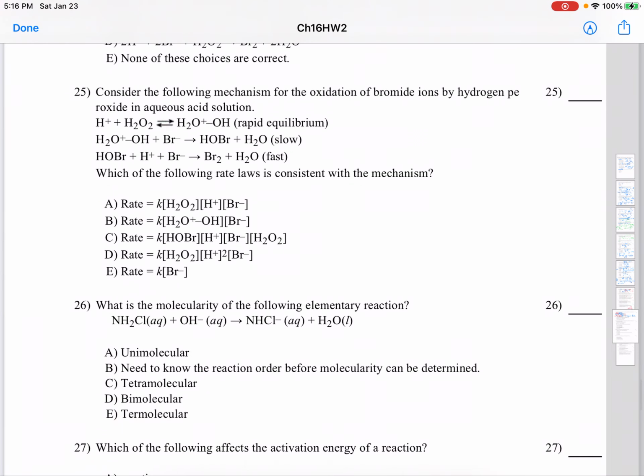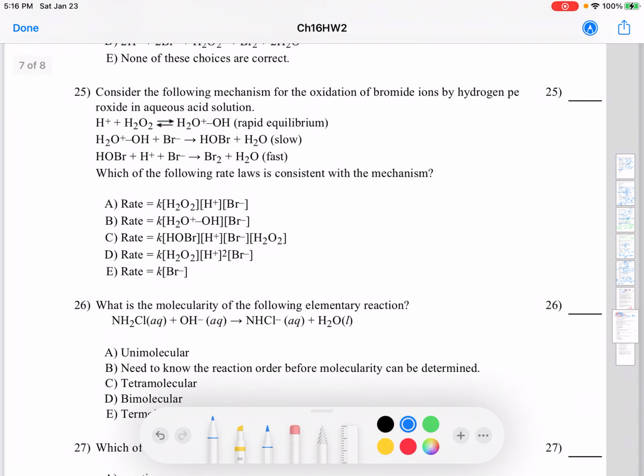Consider the following mechanism. Which of the following rate laws is consistent with the mechanism? Now you see here, what do we have? We have a rapid equilibrium, slow equilibrium, and a faster one.